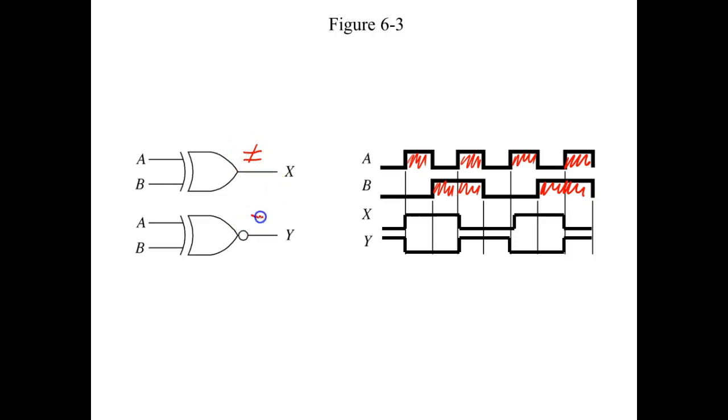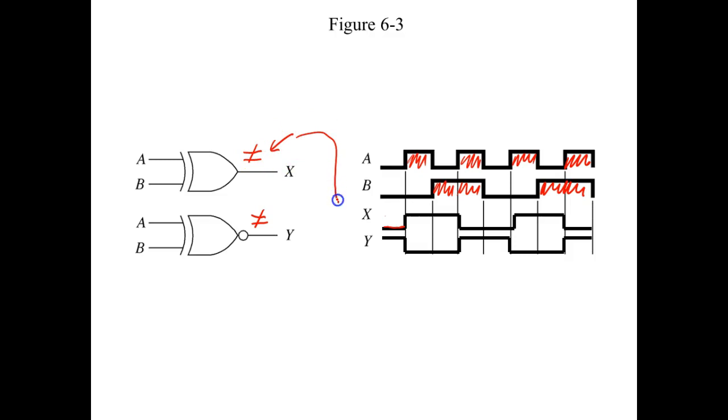Not equal. This guy gives me a low when they're not equal. So high when they're not equal, right? You understand that? So here they are equal, so the guy would be a what? A low. No, we're going to do the top one first. So a high if they are not equal.